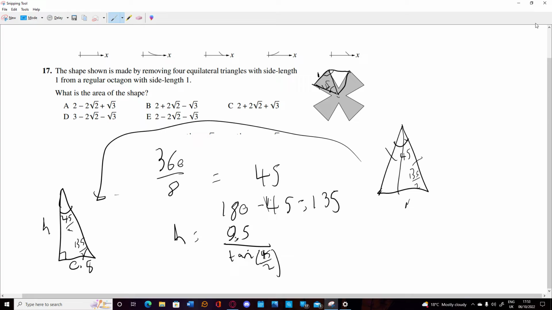So the double angle formula, I believe, for tan. This is for tan. It's taking me quite a while, isn't it, guys? Okay, there we go.